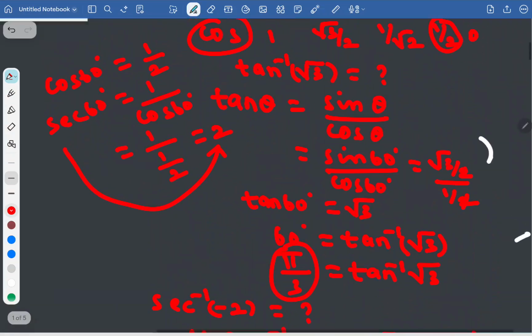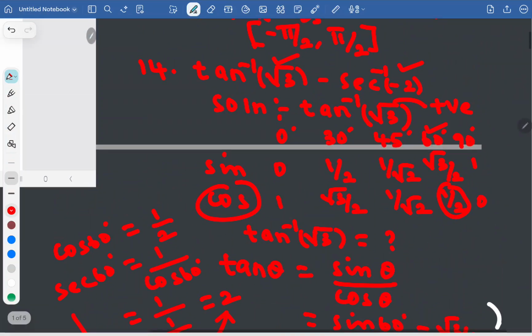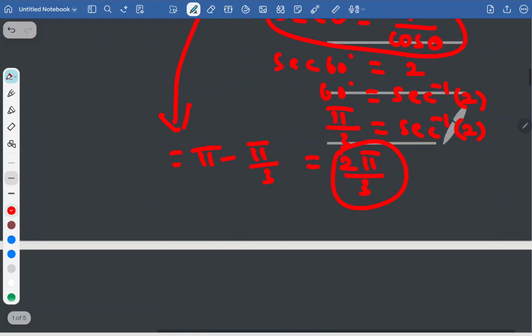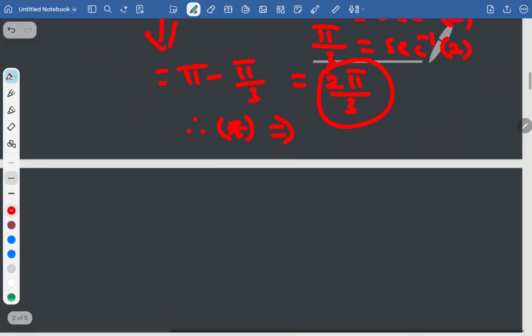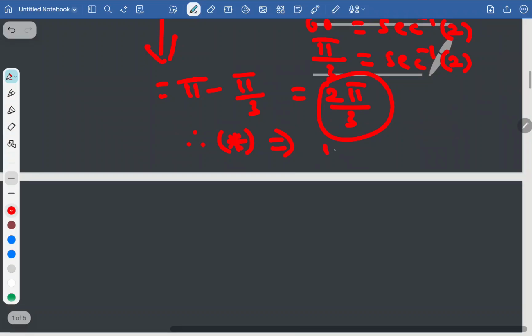But the question is first term minus second term. If I take this as star, therefore star implies pi by 3 minus 2 pi by 3. The LCM is 3, so pi minus 2 pi over 3, which is minus pi by 3.